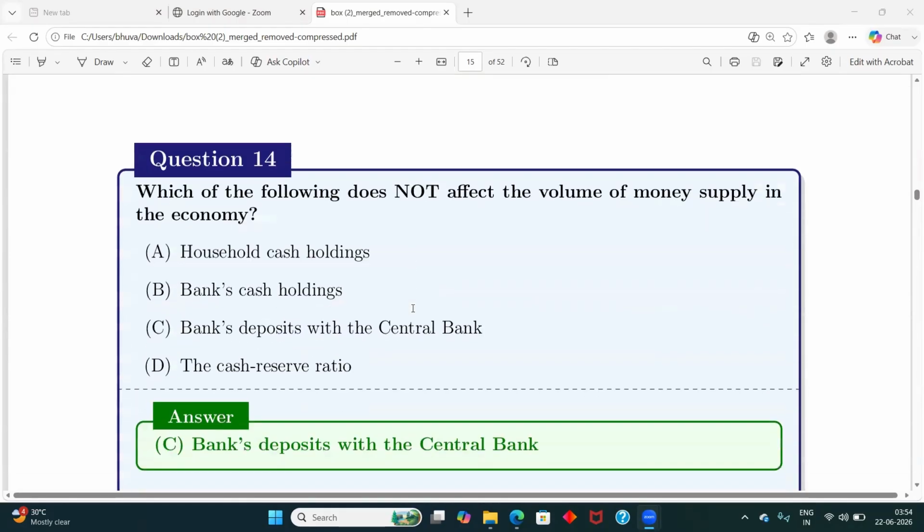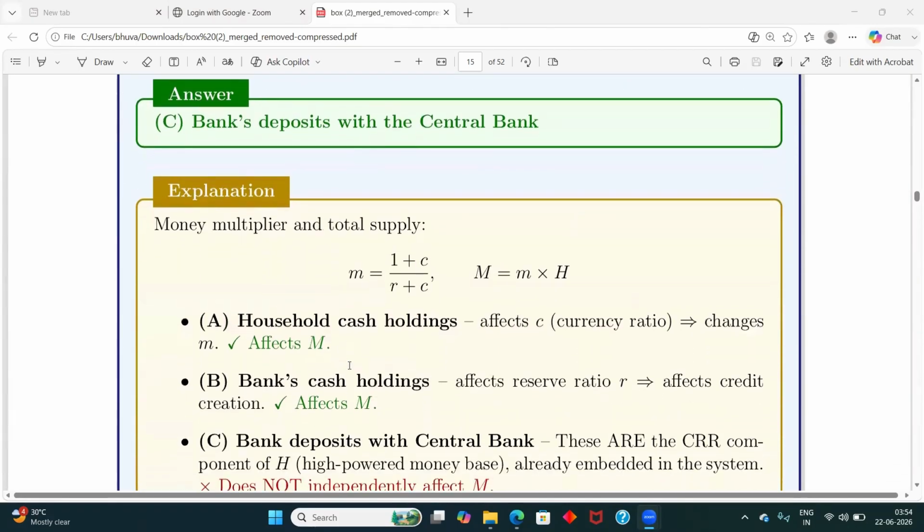Question number 14. Which of the following does not affect the volume of money supply in the economy? Option A, household cash holding. Option B, banks' cash holding. Option C, banks' deposit with the central bank. Option D, the cash reserve ratio. Let's see the explanation. Money multiplier M is equal to (1 plus c) divided by (R plus c).